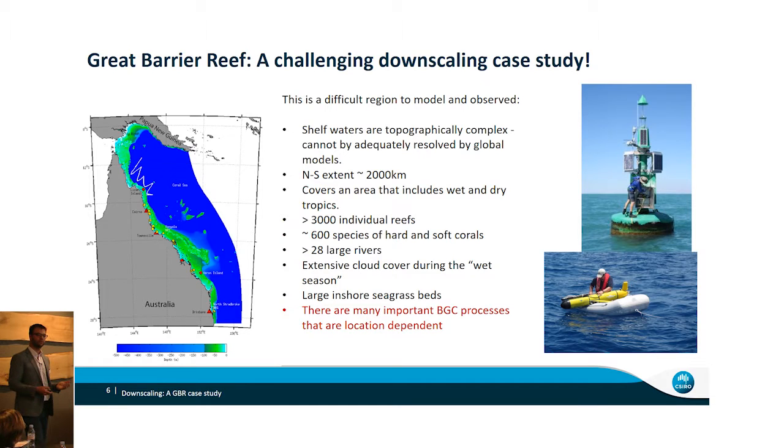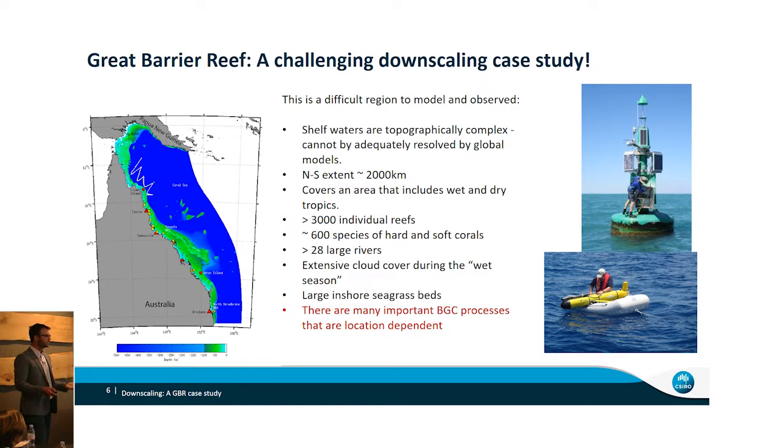So if we were trying to derive information from in situ data alone, it becomes very difficult because there's large spatial gaps in our observing capability. On top of that, the wet season up there, which is in the austral summer, ends up resulting in very large areas of cloud cover, so we're not actually able to derive a lot of the information that we might hope to from remote sensing.